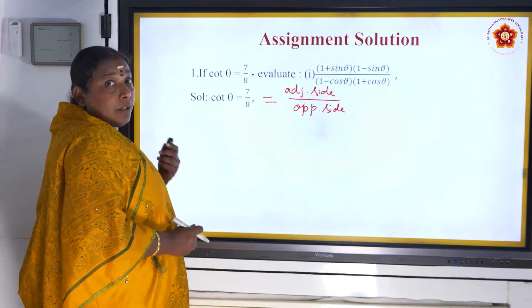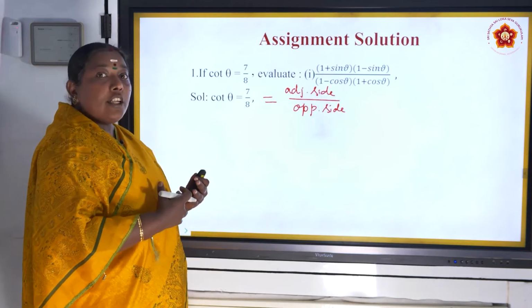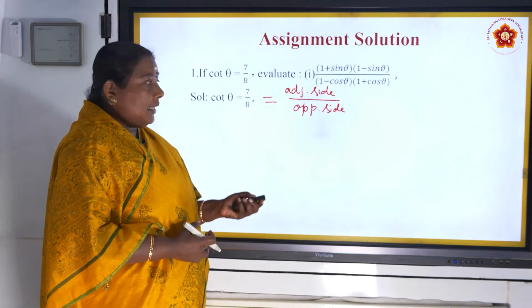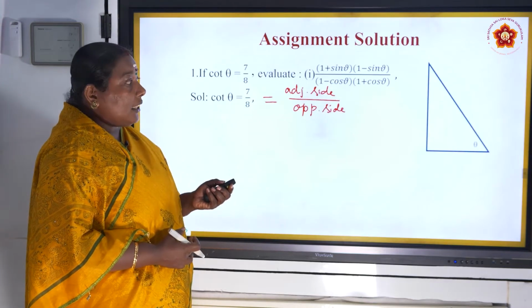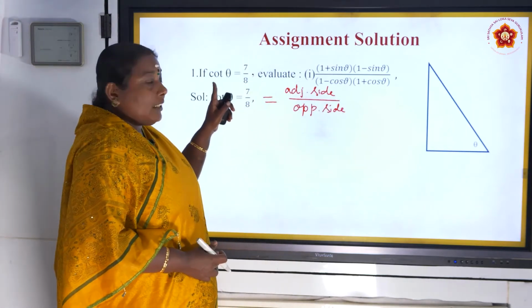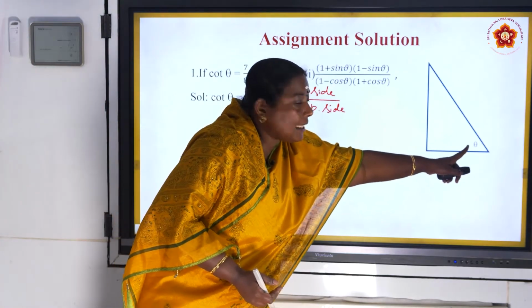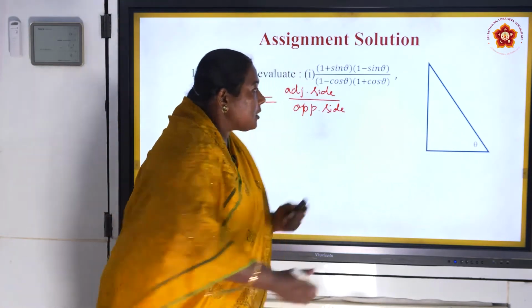In the previous session we told that if we are dealing with trigonometry, we are dealing in a triangle, particularly a right angled triangle. We have a theta, that means other than 90.